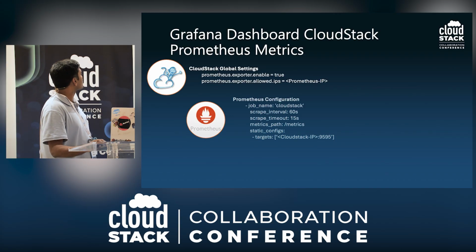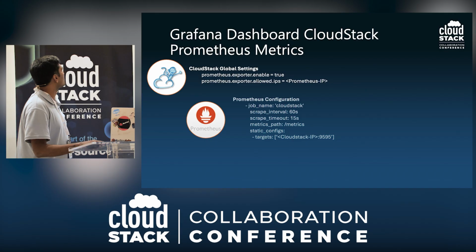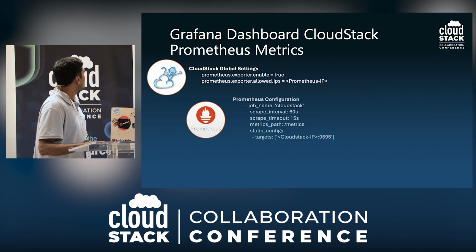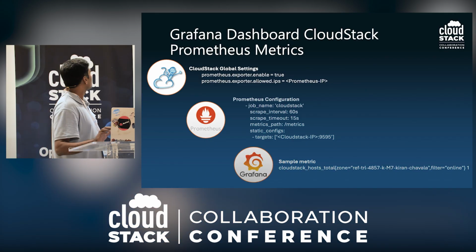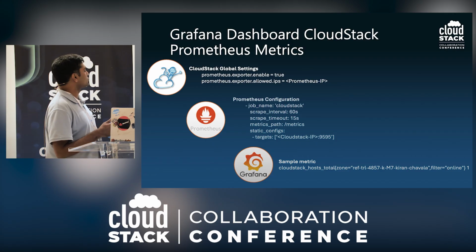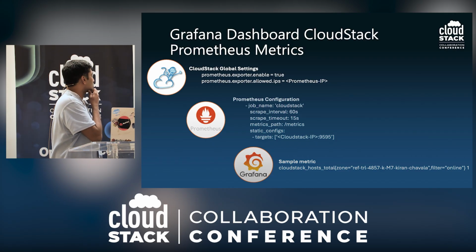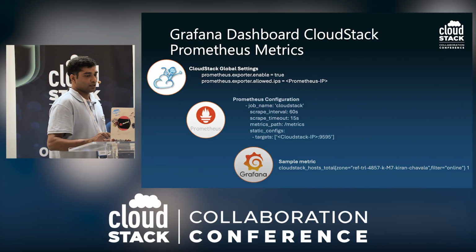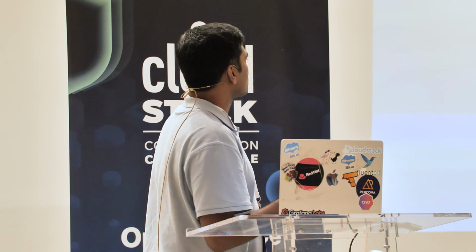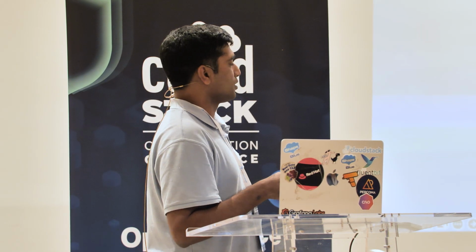So these are the CloudStack Prometheus metrics. To generate the Prometheus metrics from CloudStack, we need to enable the Prometheus global settings and give the Prometheus IP. And in the Prometheus server, we just need to give the path of the CloudStack IP to collect the metrics that CloudStack generates.